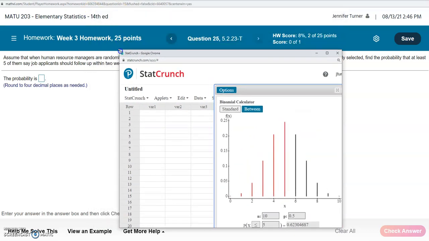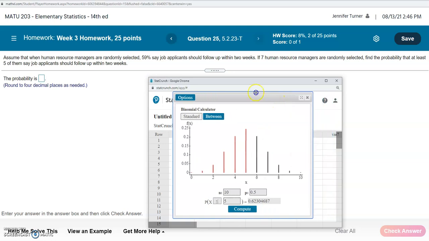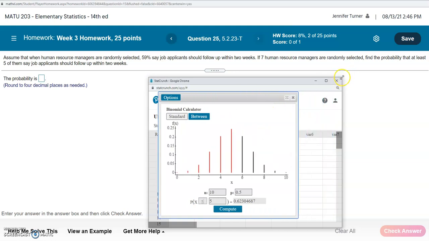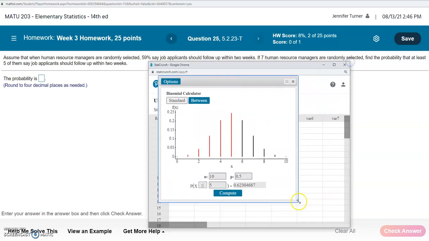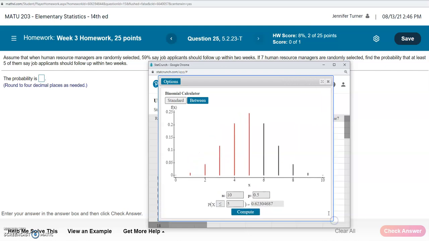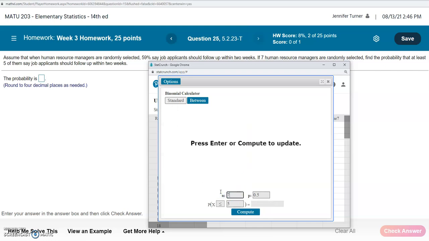So let's see if we can make this a little smaller so we can see everything together. Okay. So we are being asked here to fill in these pieces down here at the bottom. N is the total number of trials. So remember, the total number of trials here was 7 because we went out and we asked 7 human resource managers this question. So we're going to change the N to 7.